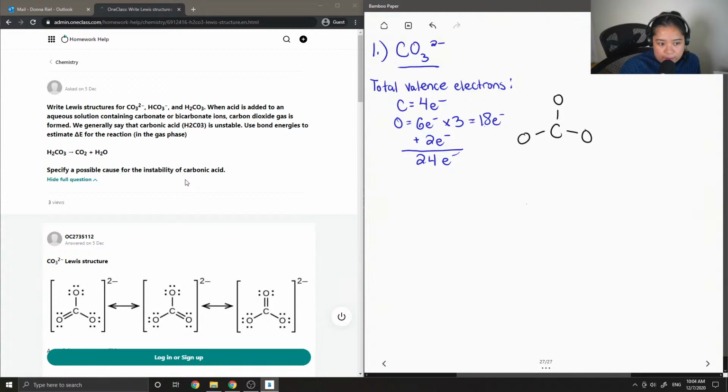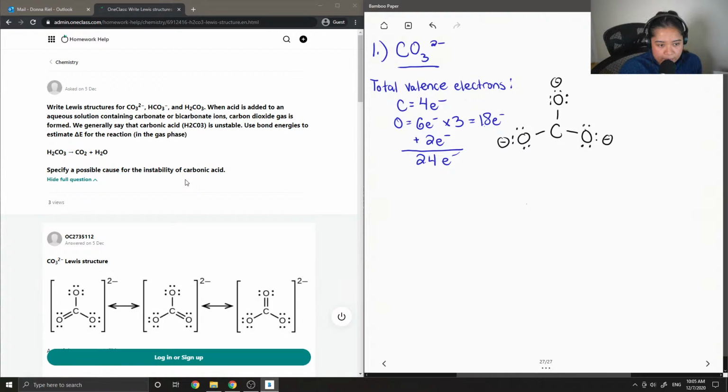So far I've drawn 6 out of the 24 electrons that I should have. Now I'm going to draw all of the lone pairs on oxygen. Each of them contains 3 lone pairs. And now let's count it out. These will all have negative charges as well.